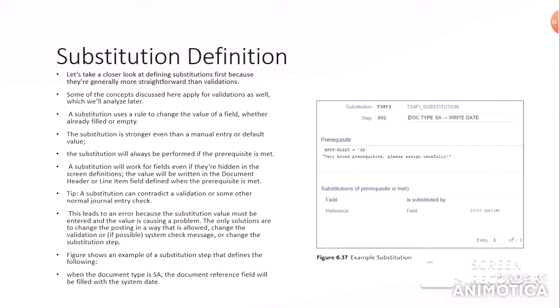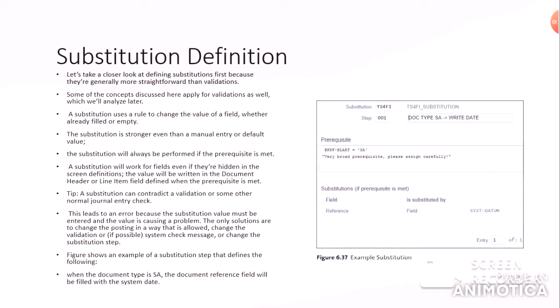A substitution will work for fields even if they are hidden in the screen definitions. The value will be written in the document header or line item field defined when the prerequisite is met. It can contradict a validation or some other normal journal entry check, and at that time we will definitely get an error message.